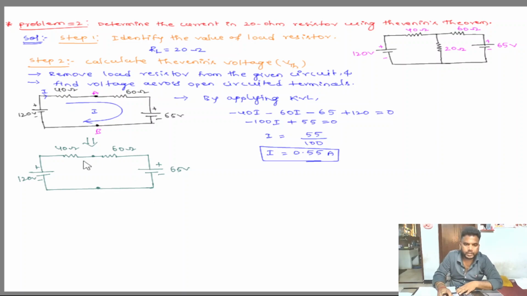In between these 2 points A and B, we are finding the voltage. For that, draw one voltage source, it is VTH. To find VTH, consider this closed path or that closed path, your wish. In any closed path, we get the same value. Suppose I am considering the first one.